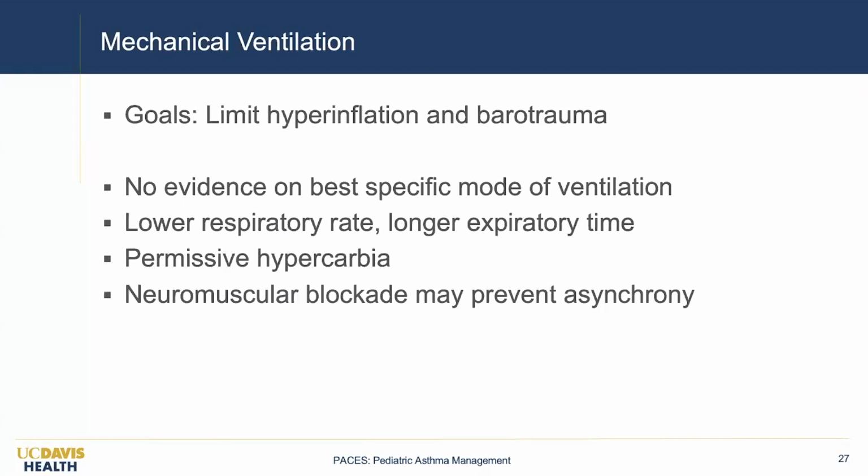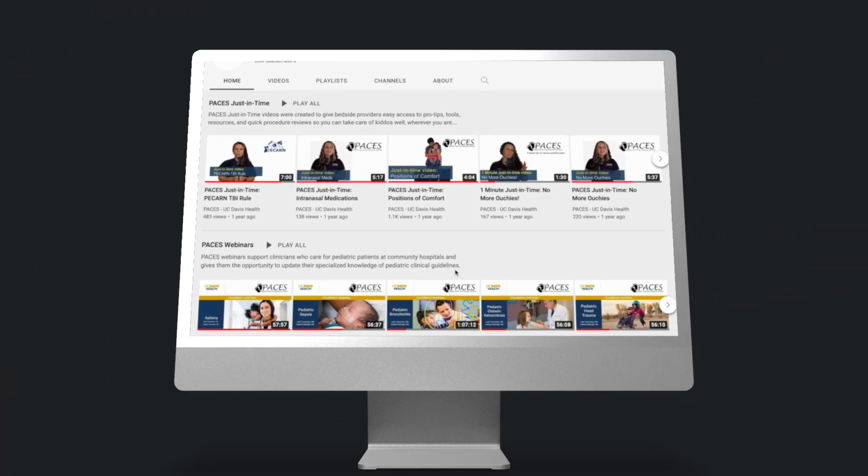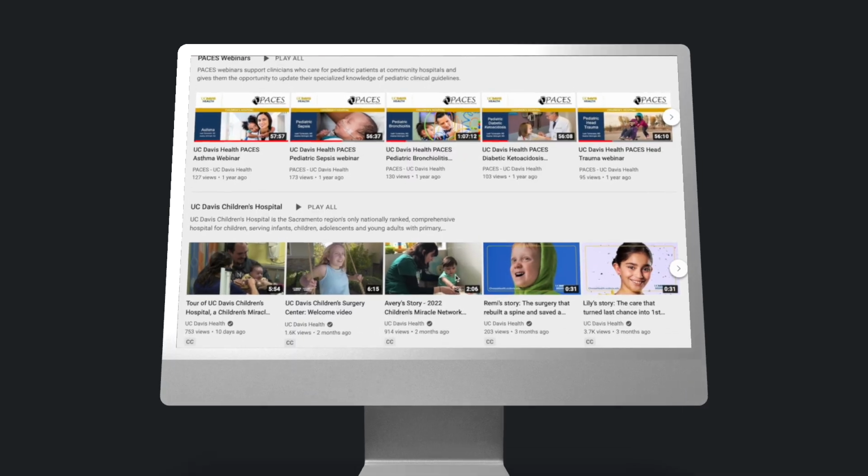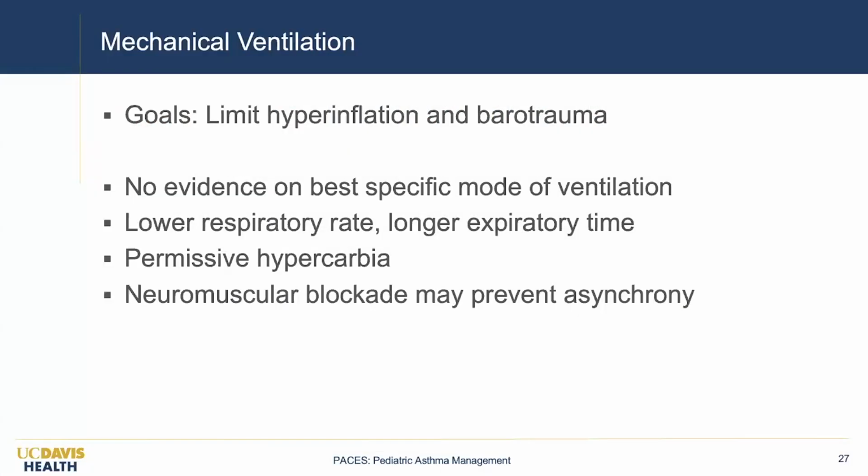We can let their CO2 creep up a little bit while we, again, try to limit that barotrauma. And then in our very most severe patients, neuromuscular blockade for muscle relaxation, along with really strong deep sedation medication can help, because asynchronous breathing with the vent can make it more difficult to ventilate them and add to the risk of barotrauma.